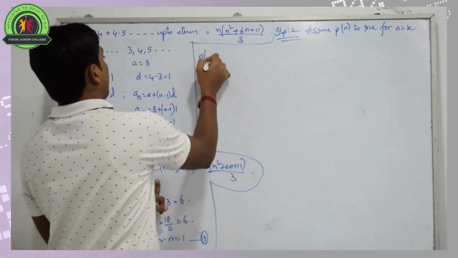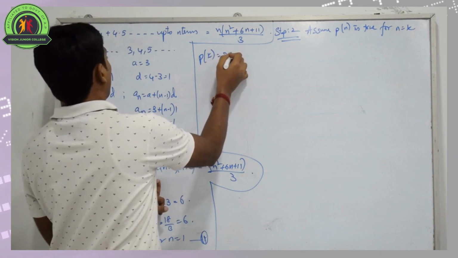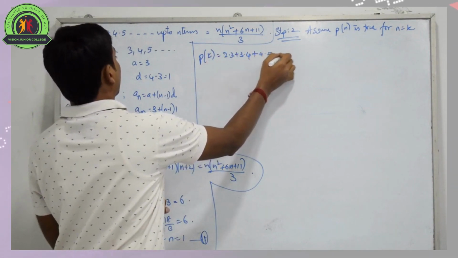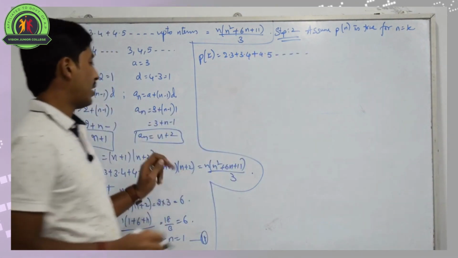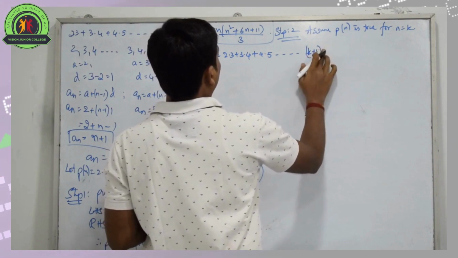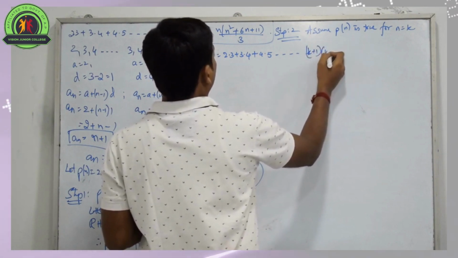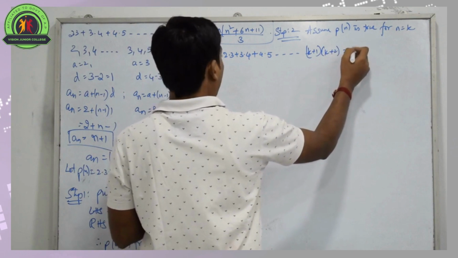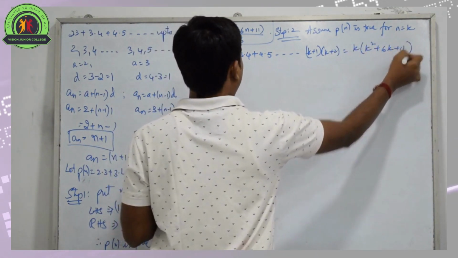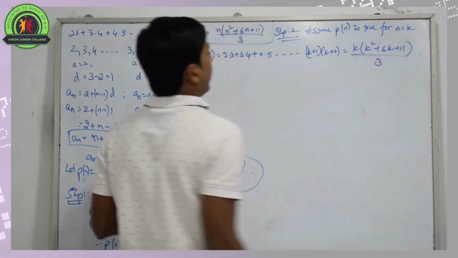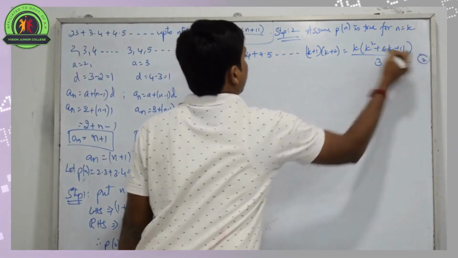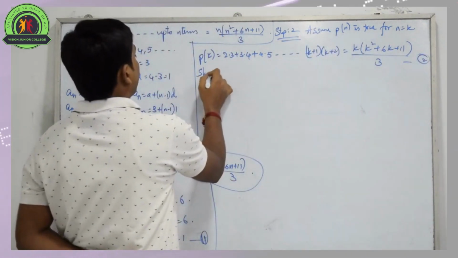That is, P of k is equal to 2 into 3 plus 3 into 4 plus 4 into 5 and so on up to k plus 1 into k plus 2, that is equal to k into k square plus 6k plus 11 divided by 3. Okay, what is the next step now? First of all, let us take this as statement 2. What is the next step?